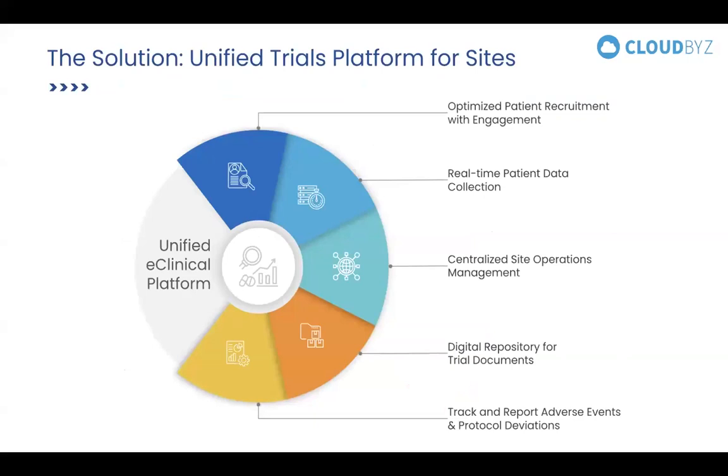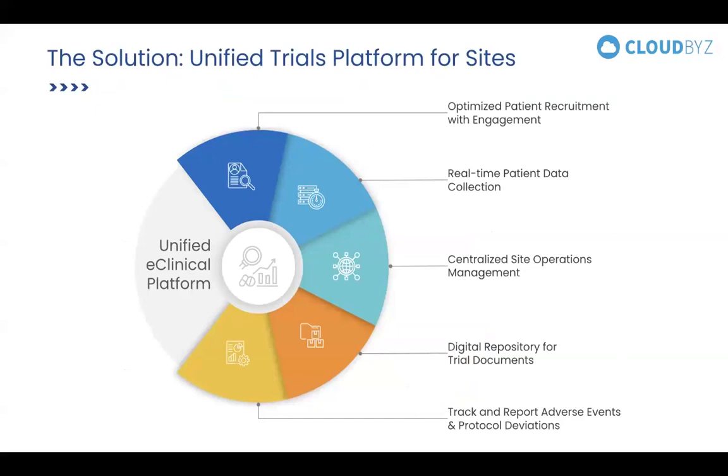So now, having discussed the major challenges at site locations, let's see how present day eClinical solutions offer a comprehensive array of tech-enabled features to manage these problems. The first and foremost, the unified trial platform is engineered to optimize patient recruitment and engagement. Traditional recruitment methods often fall short in reaching target populations effectively.